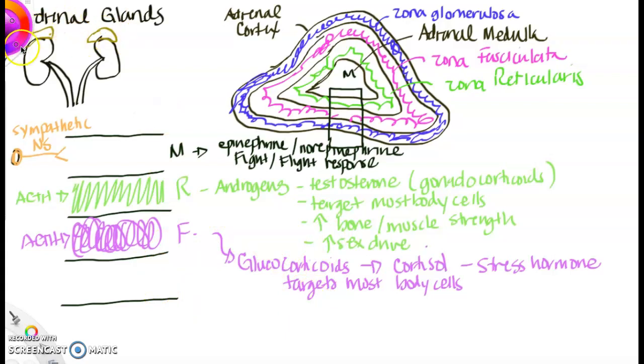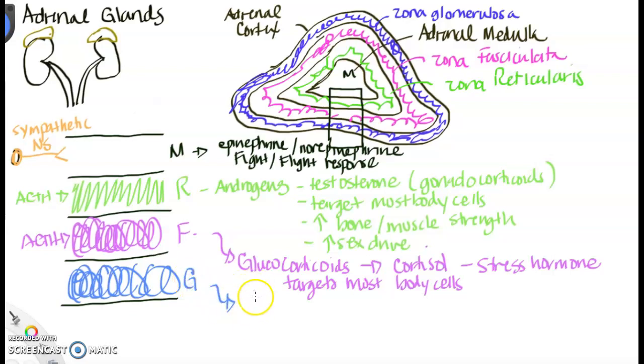The next layer is the blue one. So this is the Zona Glomerulosa. And it secretes mineral corticoids. And the main one is aldosterone.